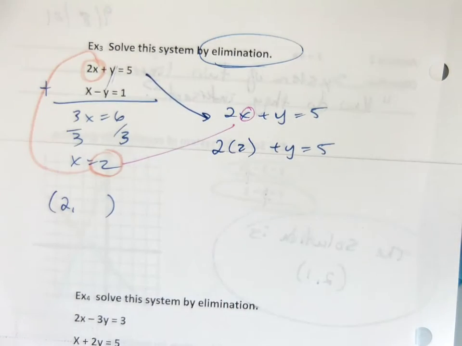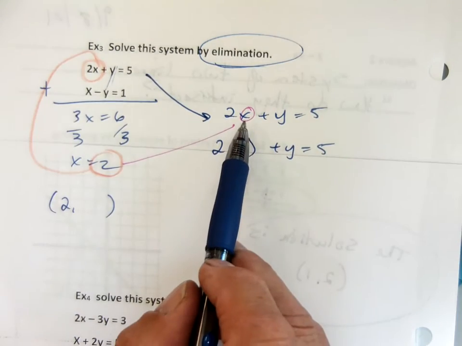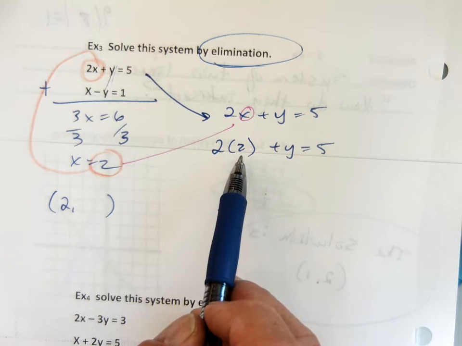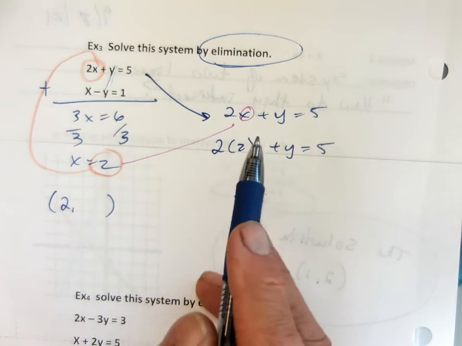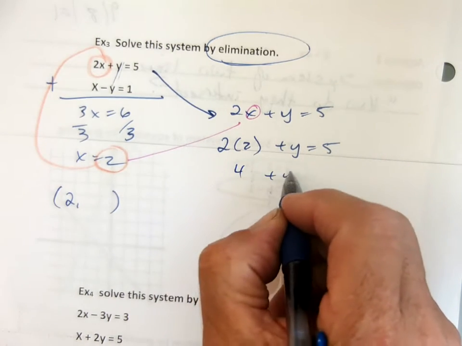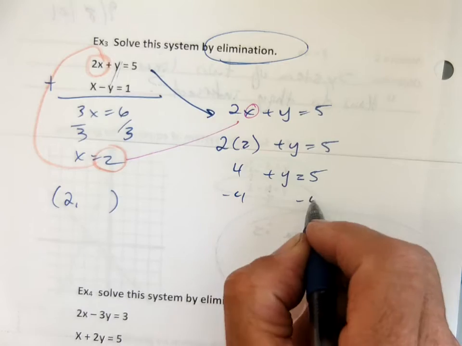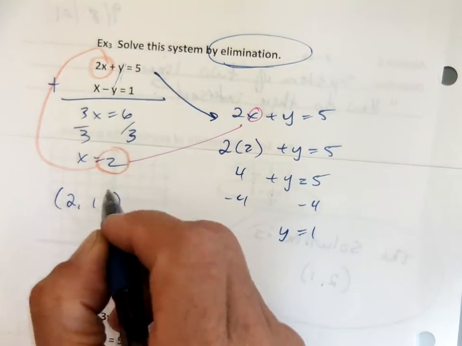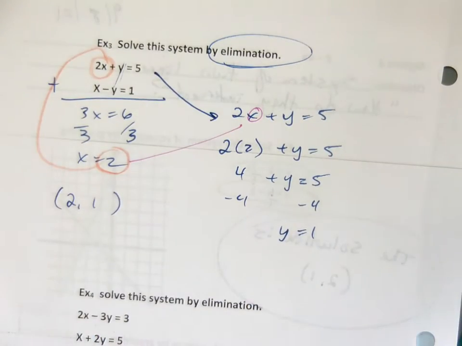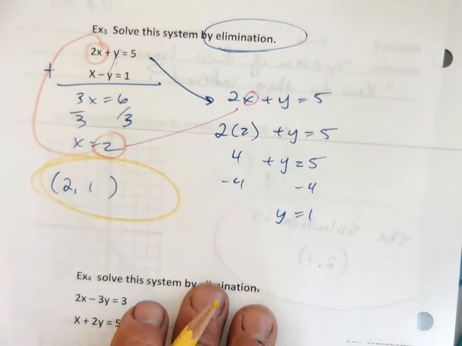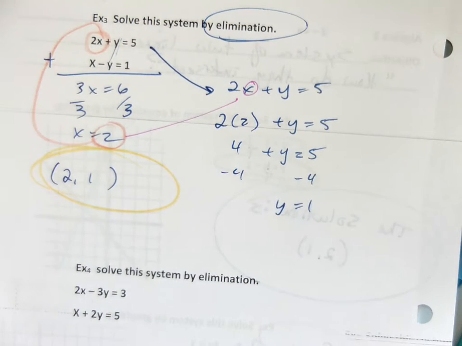So instead of 2x, it's 2 times 2, which is 4, plus y equals 5. And then minus 4, y equals 1. What's convenient is that we never graphed it. Well, we know it's 2 lines, and we know they intersect at (2, 1).